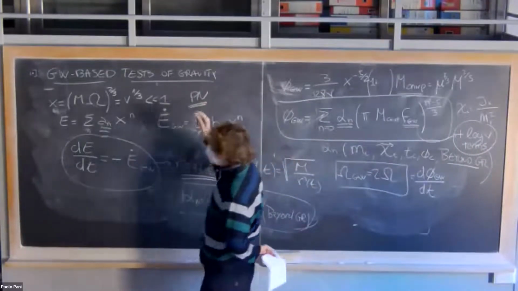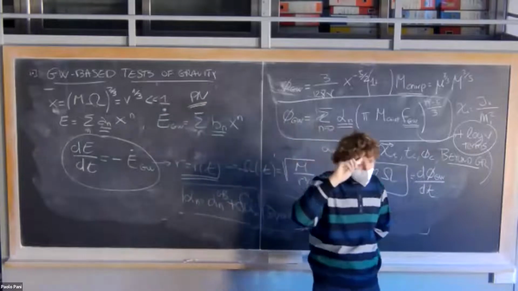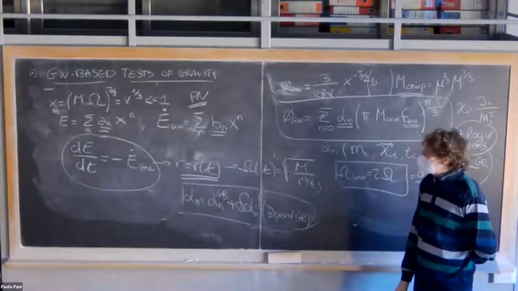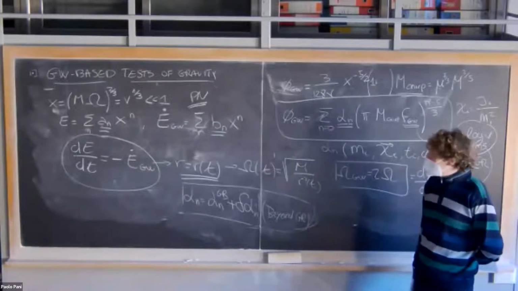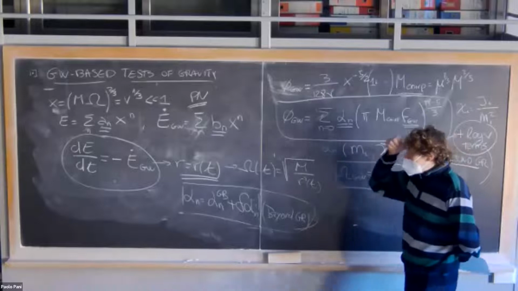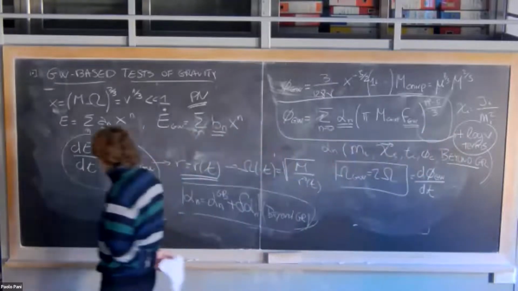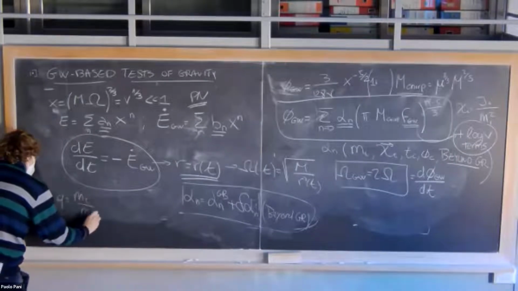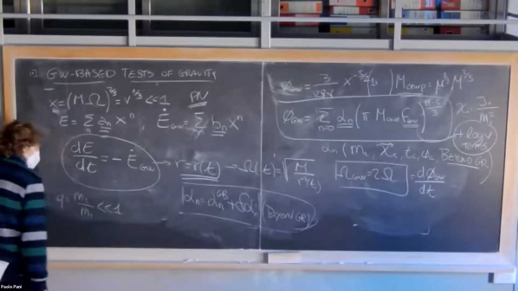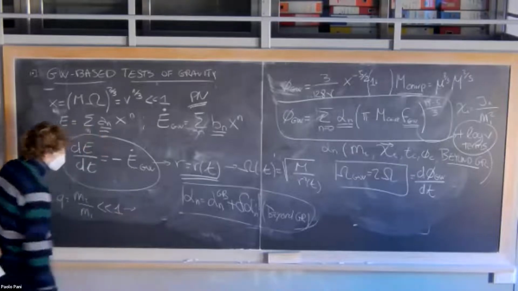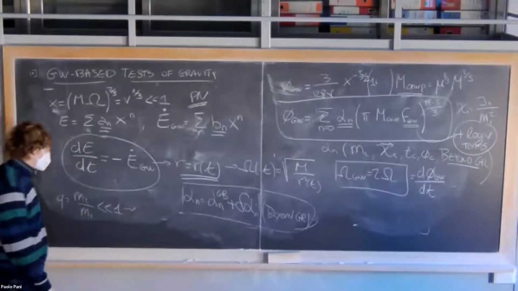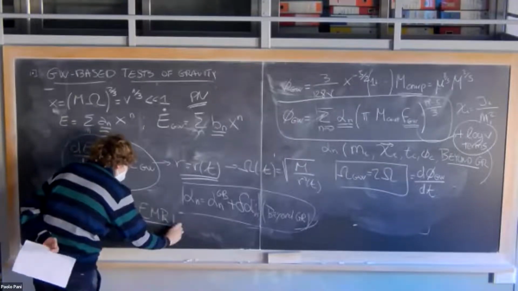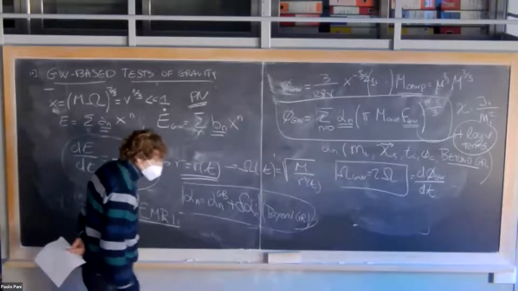When the velocity is not small anymore, which happens near the merger, the post-Newtonian theory does not converge anymore. And in fact, it does not converge well even in the regime when q, M2 divided by M1, is much smaller than unity. The post-Newtonian theory converges very poorly, and this regime is relevant for what are called extreme mass ratio inspirals.